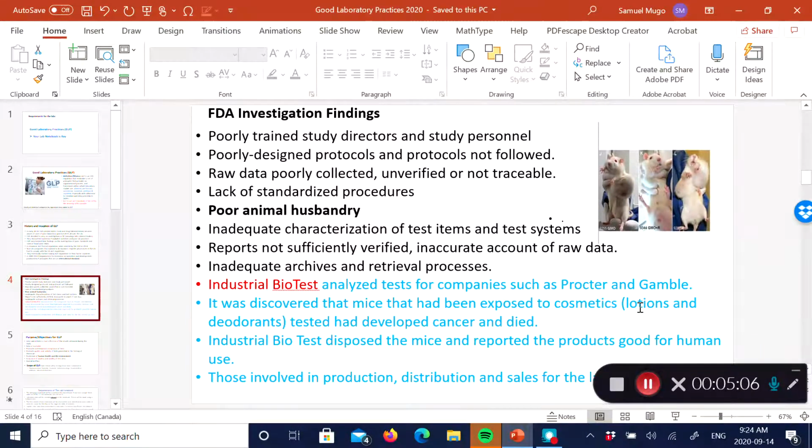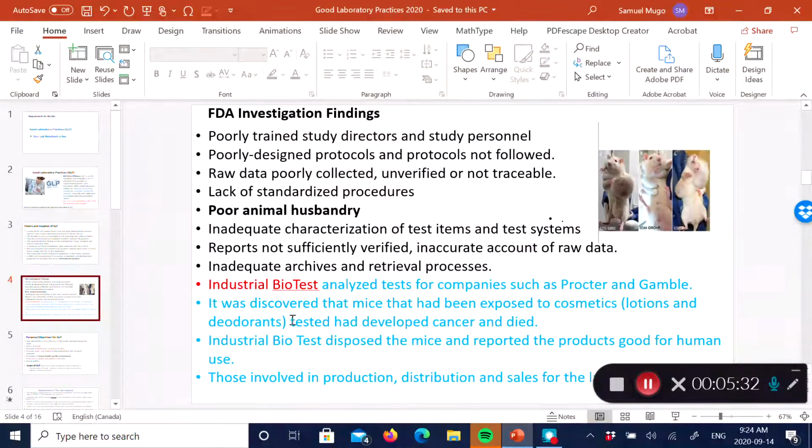There was an active ingredient in these cosmetics products, and Biotest was supposed to confirm the toxicology aspects of that active ingredient and indicate whether that compound is safe for use in cosmetic formulations.